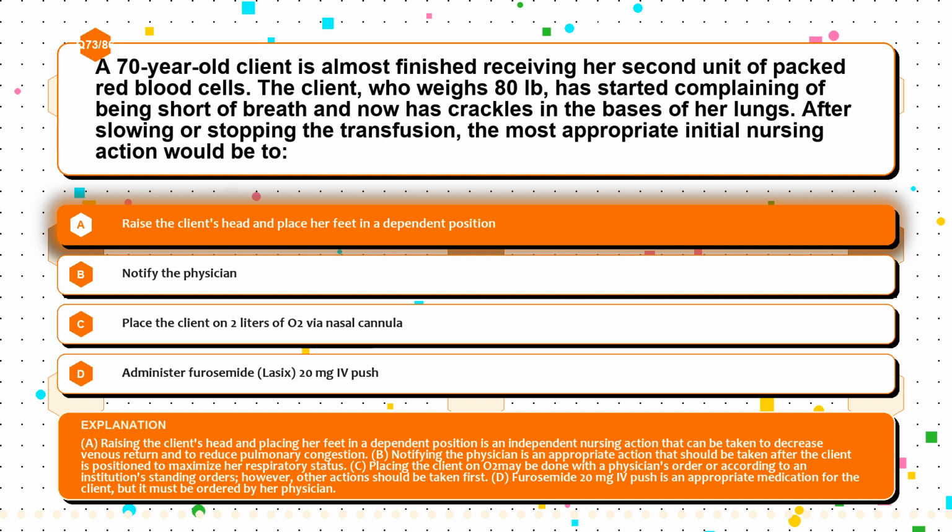B. Notifying the physician is an appropriate action that should be taken after the client is positioned to maximize her respiratory status. C. Placing the client on O2 may be done with a physician's order or according to an institution's standing orders. However, other actions should be taken first. D. Furosemide 20 mg IV push is an appropriate medication for the client, but it must be ordered by her physician.